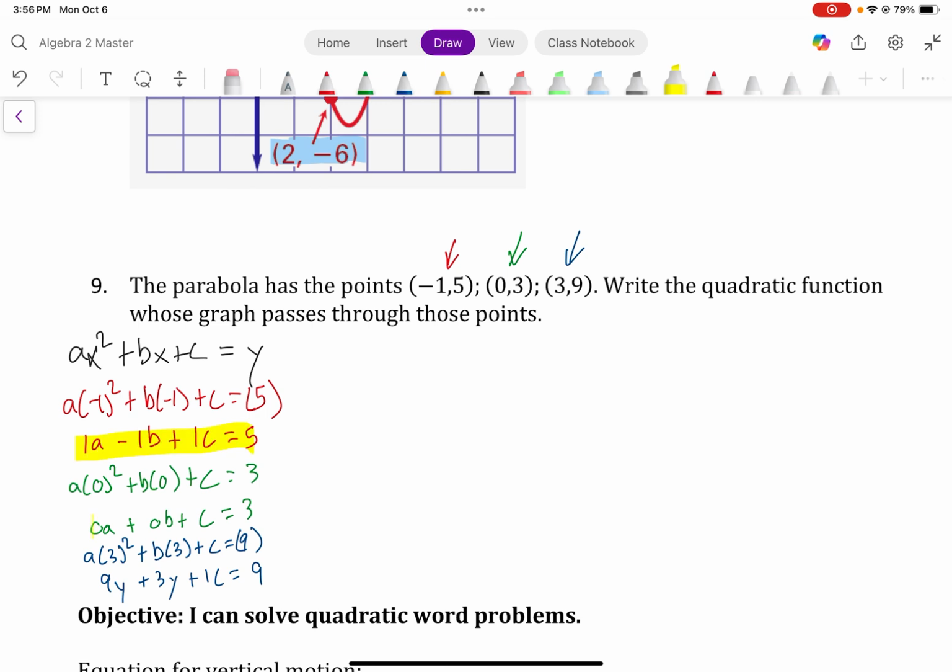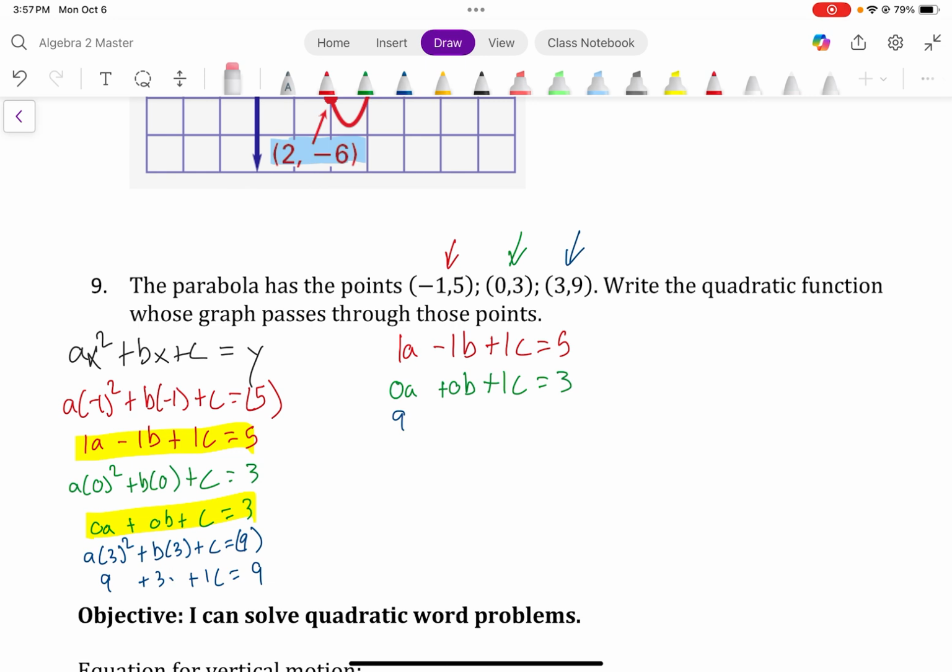Now I'm going to take these 3 lines and stack them on top of each other. So I'm going to have 1a minus 1b plus 1c equals 5. 0a plus 0b plus 1c equals 3. And 9a plus 3b plus 1c. I don't know why I wrote y's there.